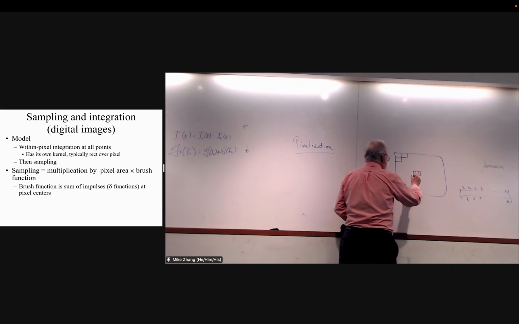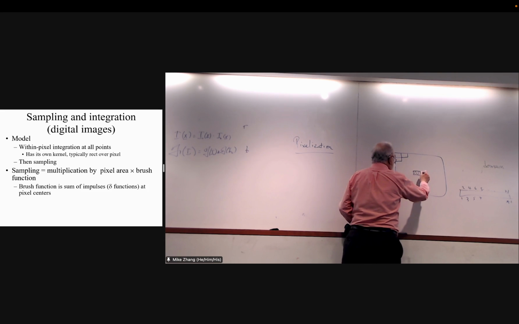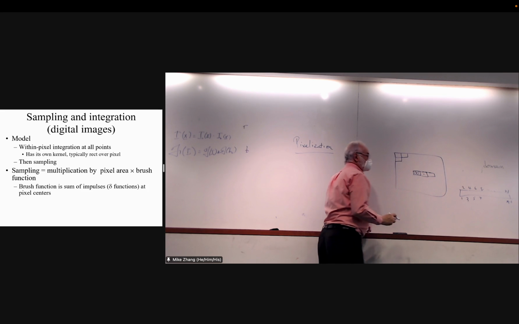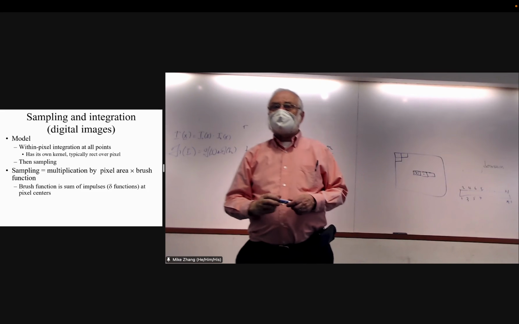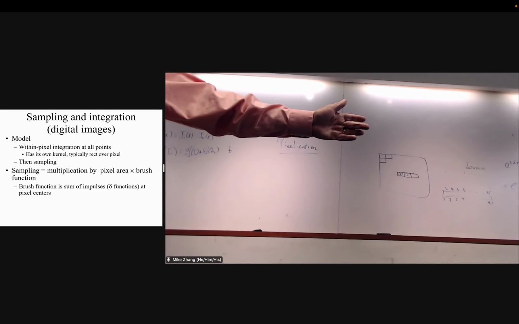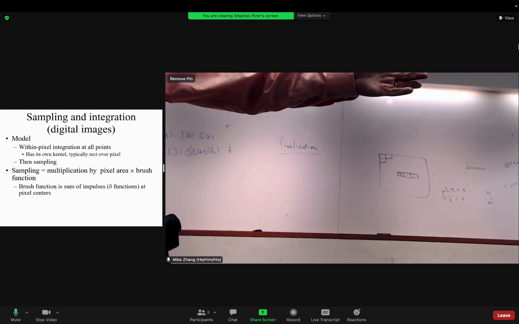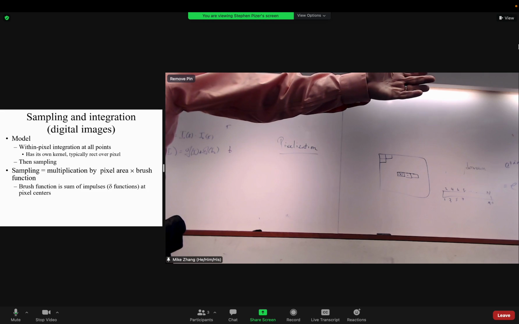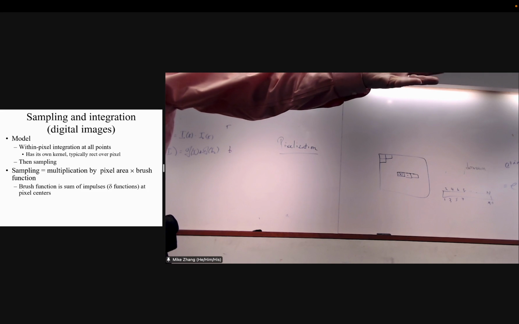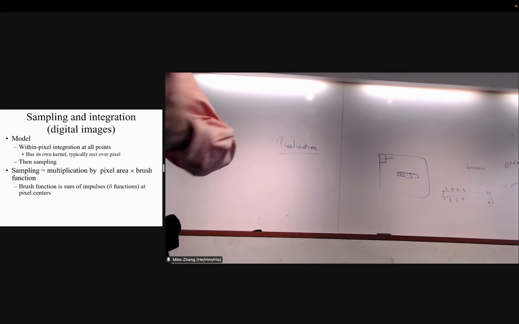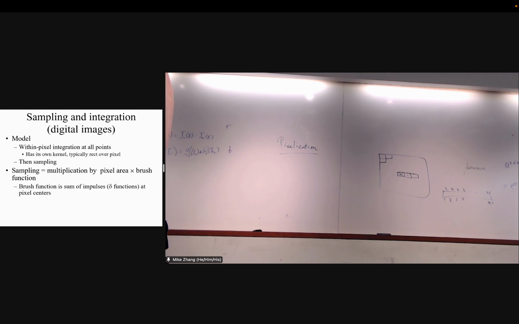And then, for each one of these rectangles, you're going to want to take the center pixel of each one of these rectangles. Now, strictly speaking, if you're producing an n by n image, this integration only has to take place at n by n rectangles.